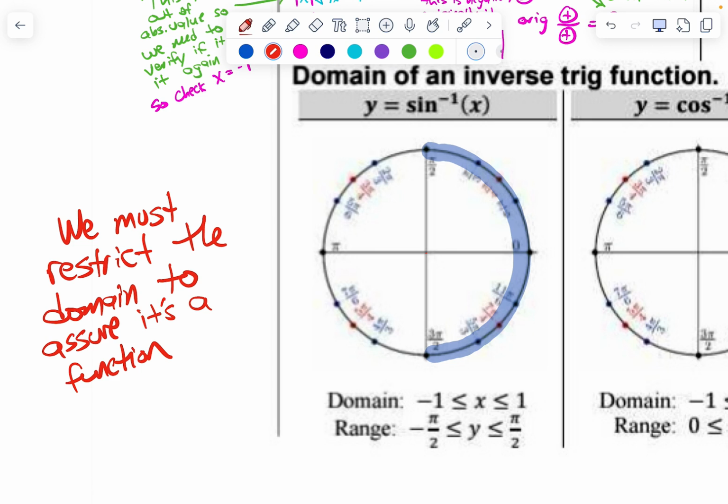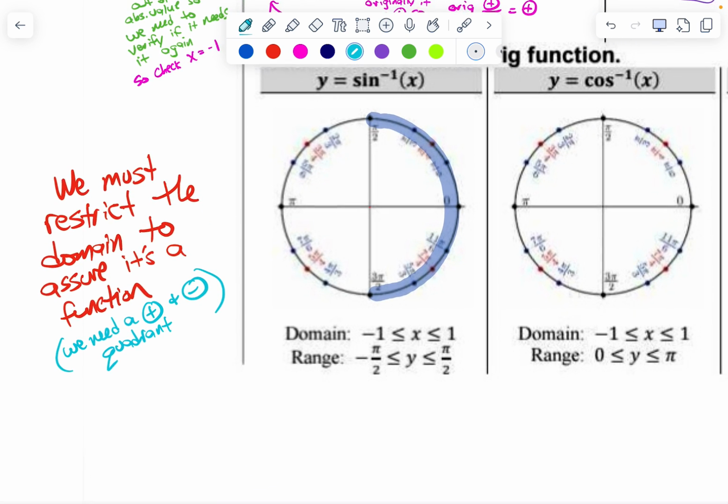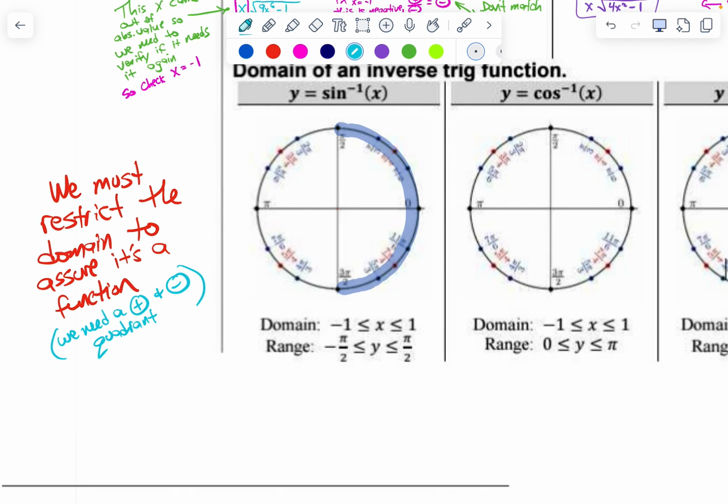Let's make this quick sub note. We need a positive and negative quadrant for each of these. What does the graph of sine look like?